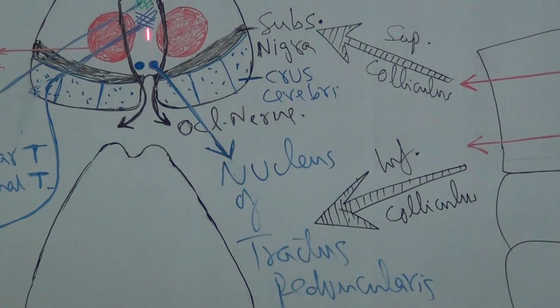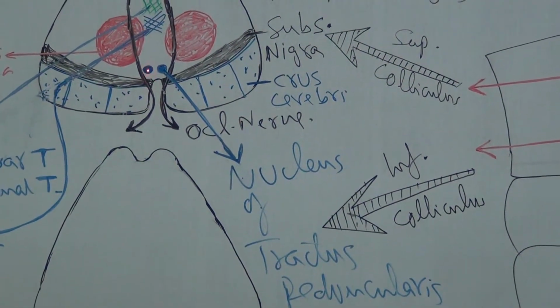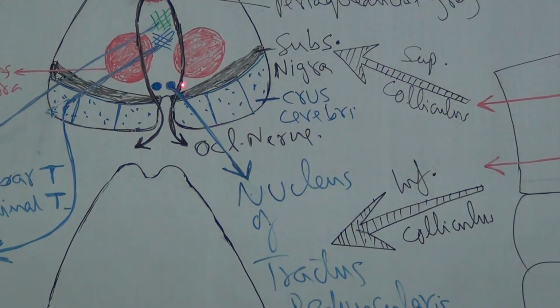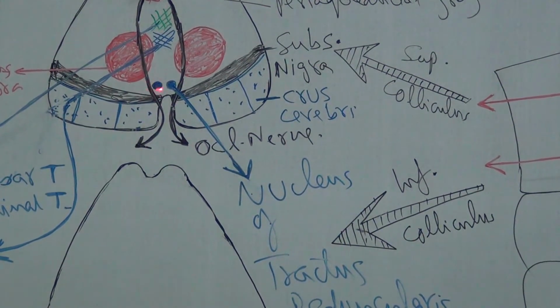It is located in the tegmentum, just behind the medial end of the substantia nigra, medial to the intracerebral course of the oculomotor nerve.